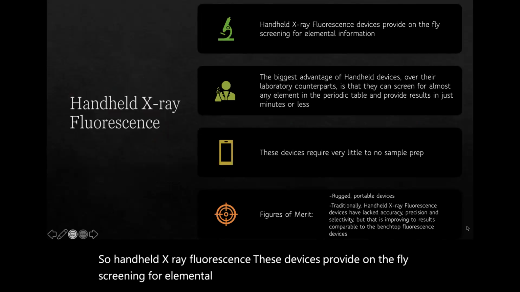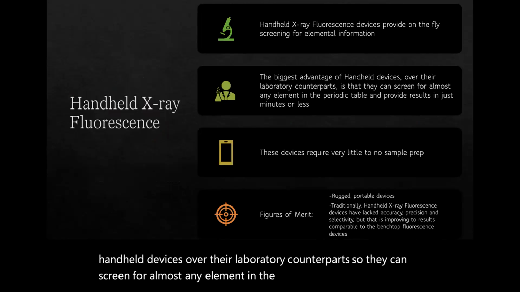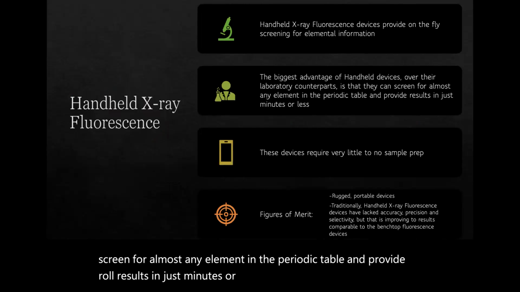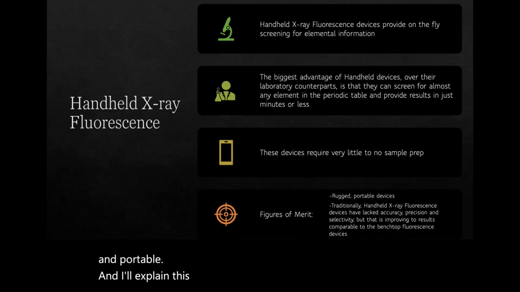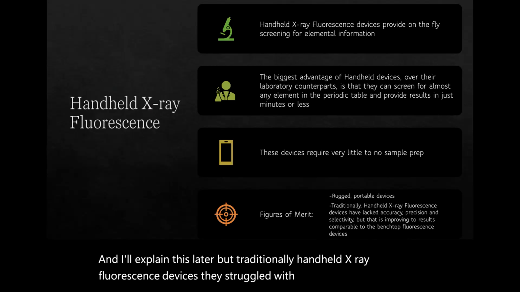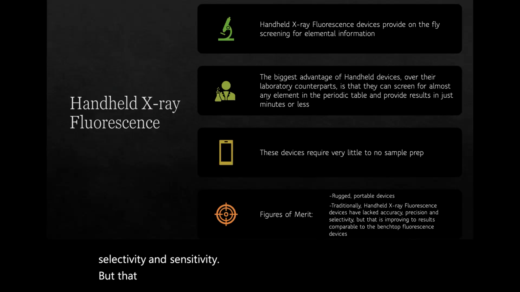The biggest advantage over laboratory counterparts is that they can screen for almost any element in the periodic table and provide results in minutes or less, with very little to no sample prep. Figures of merit: they're rugged and portable. I'll explain this later, but traditionally, handheld devices struggled with accuracy, precision, selectivity and sensitivity. But that is improving, so that's why I included it as a figure of merit.